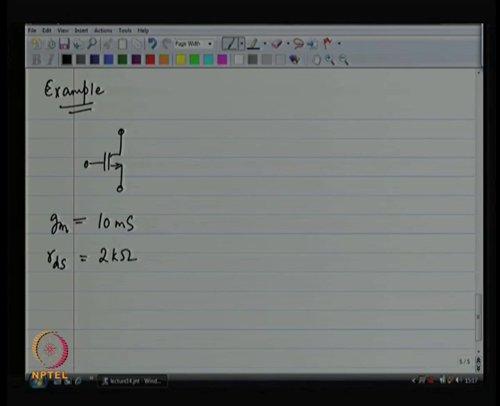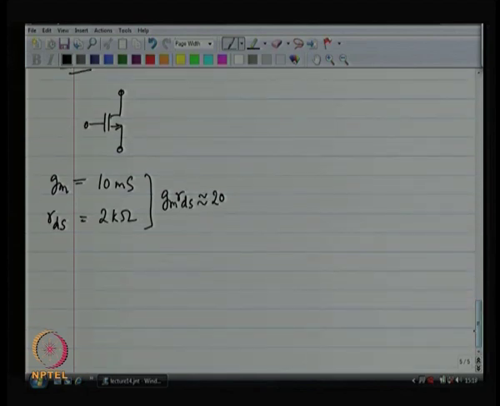Somehow notice that GM times RDS is typically a number around 20. Okay, this is fairly true over all technology nodes somehow. It only gets worse, does not get better.